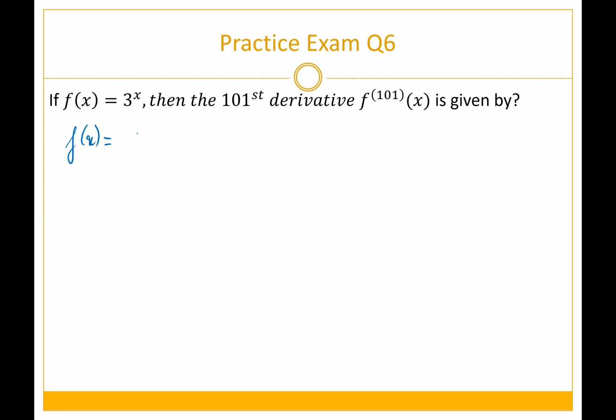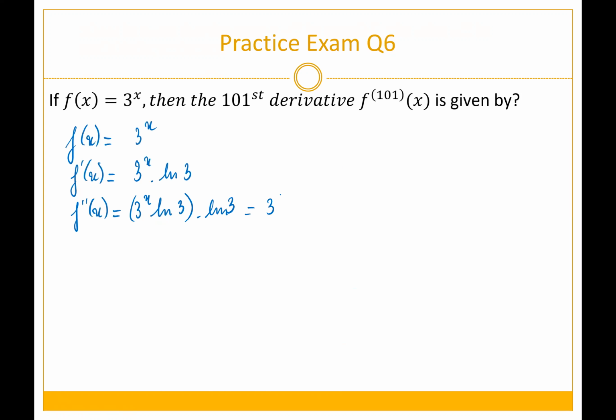So you have f(x) is 3 to the x. Basically you find a few derivatives of that and start to find the rule. The first derivative is 3 to the x ln 3. Then the second derivative is 3 to the x (ln 3) squared, because you take the derivative of the first one and multiply by the ln 3 that we have here.